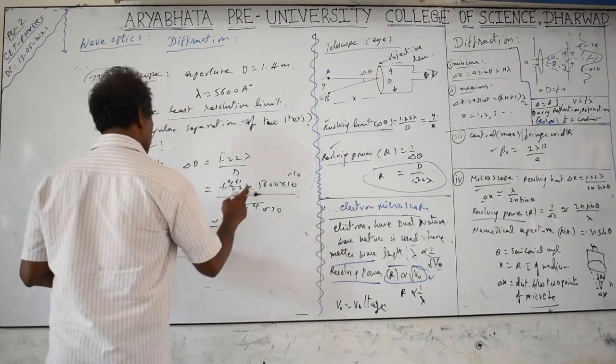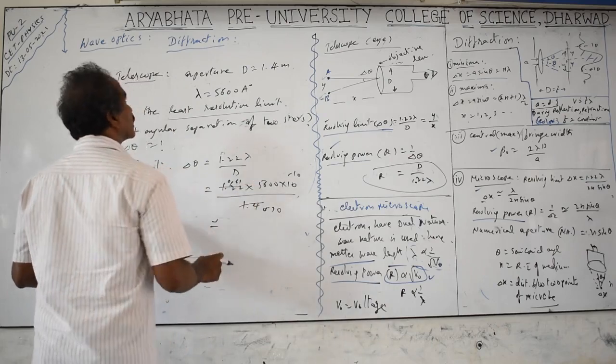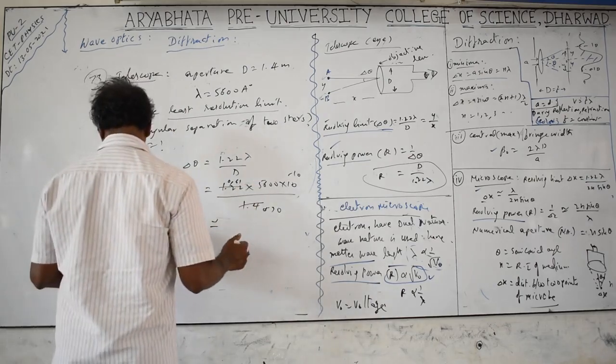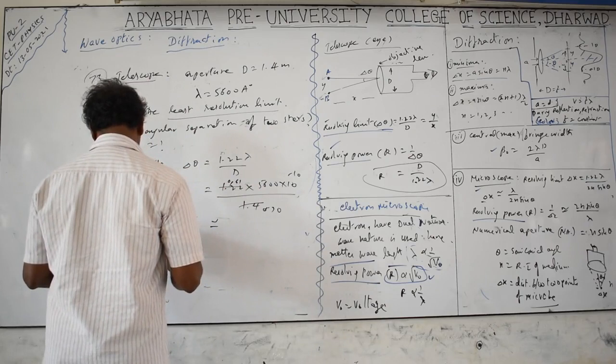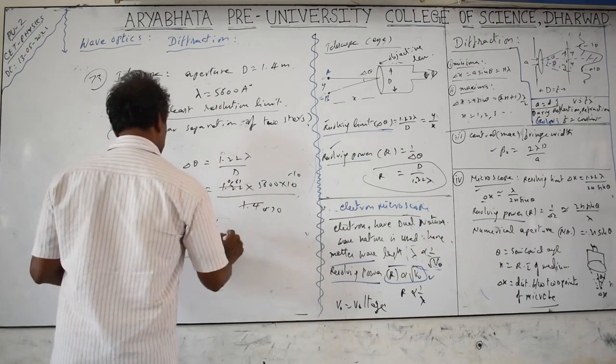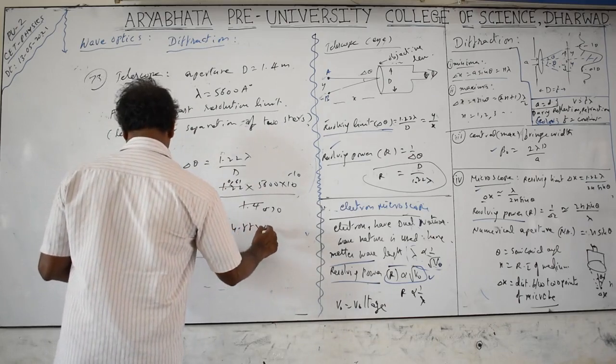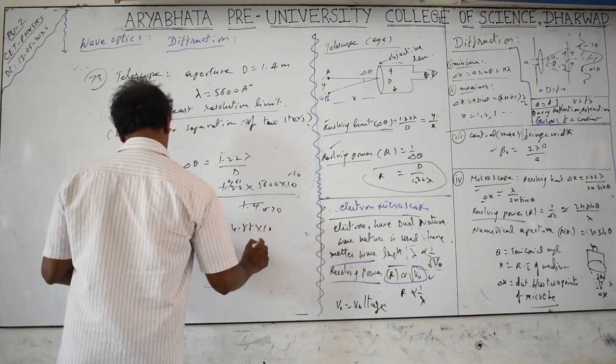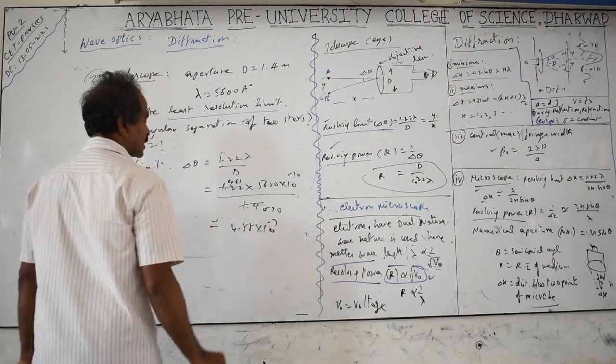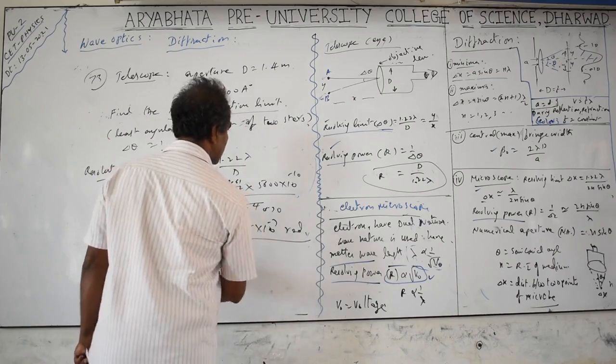The answer is 4 something point, you check the values. 4.88 into 10 to the power of minus 7. The unit of the angle is radians, not degrees.